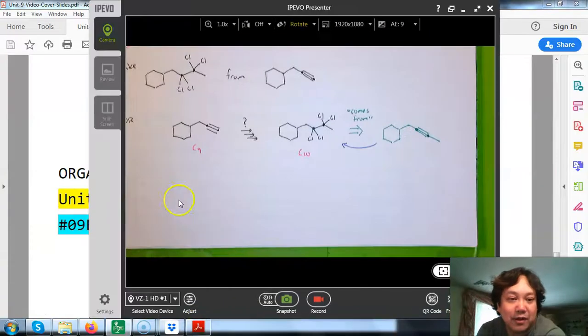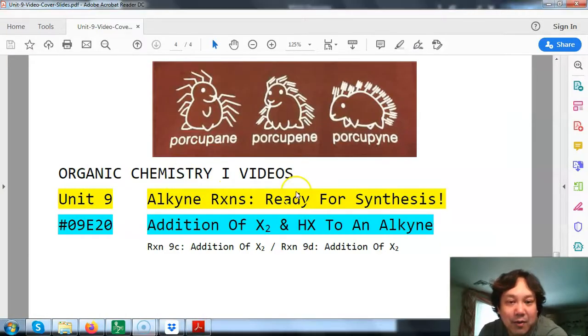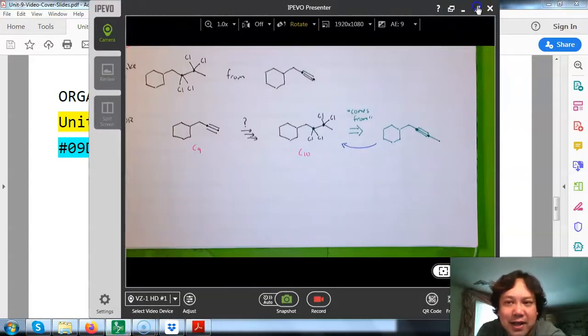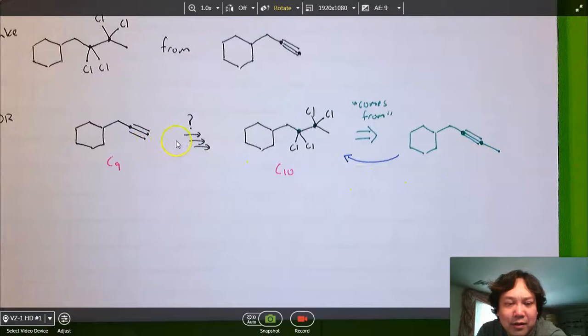At the very beginning, I want to do these reactions that I've seen already. Not this one. That's when we make an alkyne from a dihalide. But this one, alkylation. Because when you look at my final product, didn't I add a methyl group? That's an alkyl group. So that's methylation.